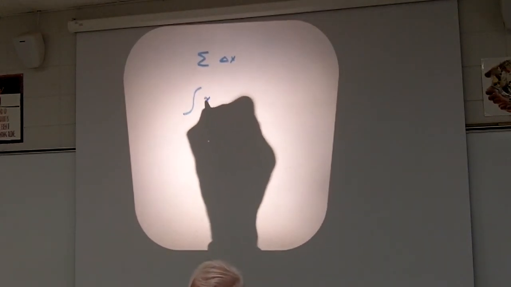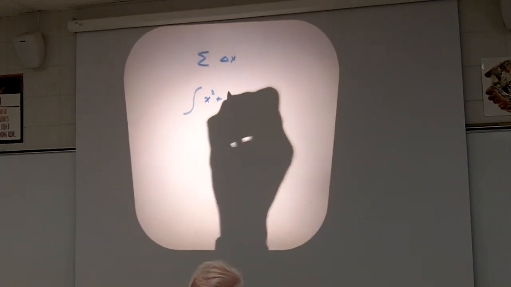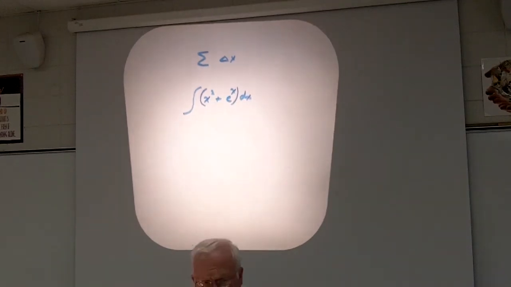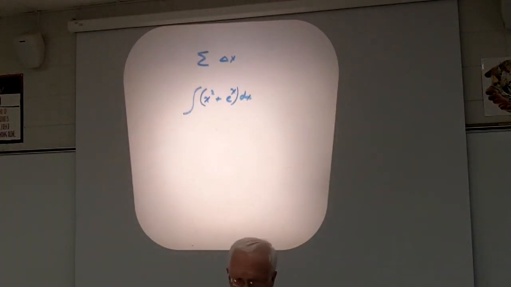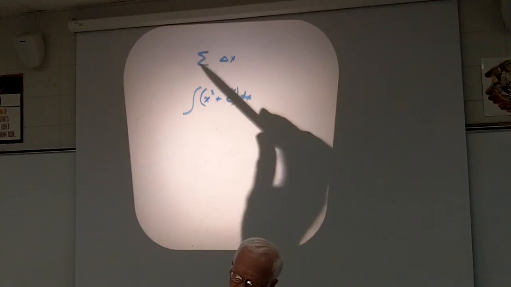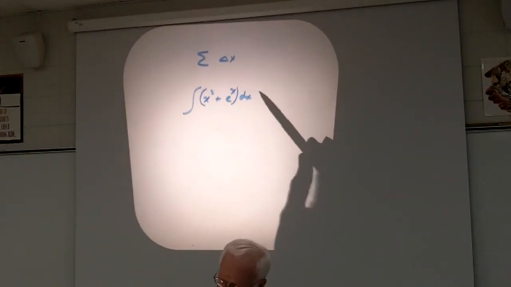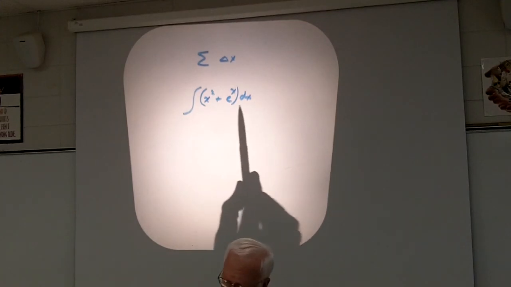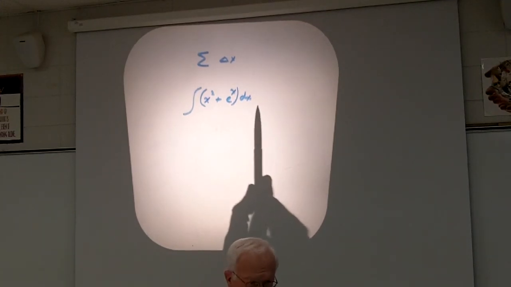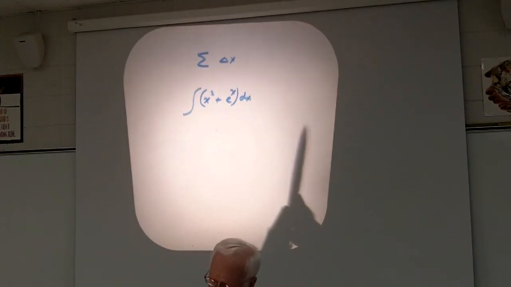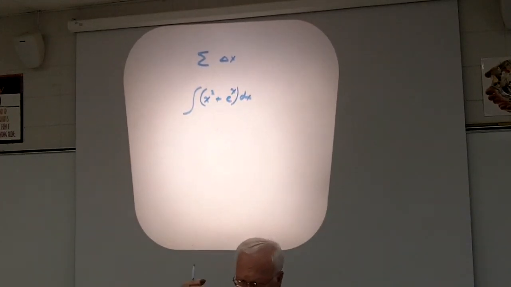We could write x squared plus e to the x, and then put a dx here. All this is going to have a lot of meaning in a few days. This sign is going to move into this, and this is going to move into this. You'll notice this is kind of the differential notation we were using the other day, getting the dx over there. At this point, we're just getting some of the mechanics. When we get there, this stuff is going to be pretty easy, I think.